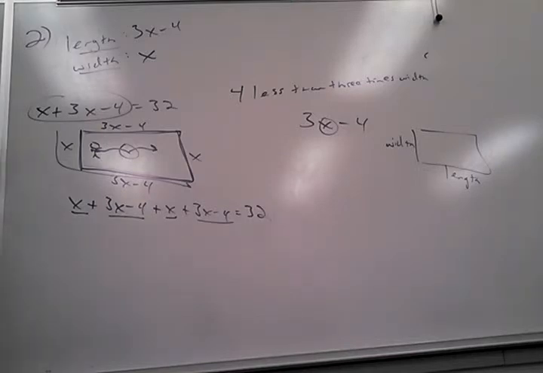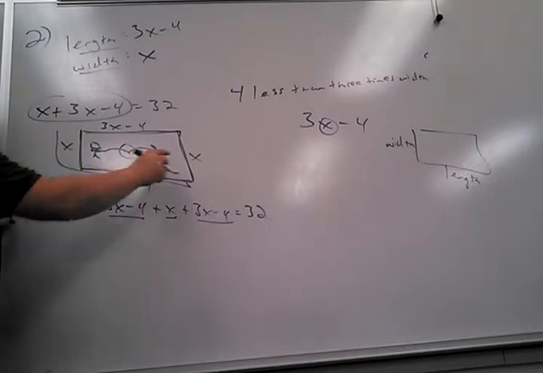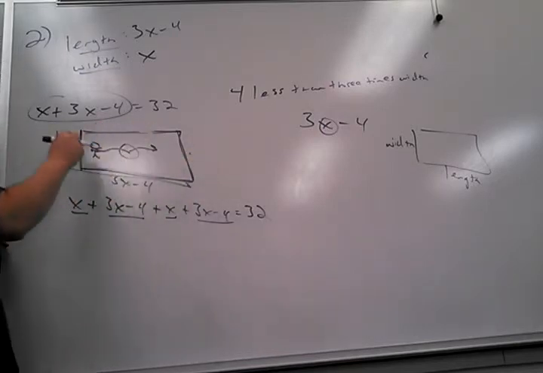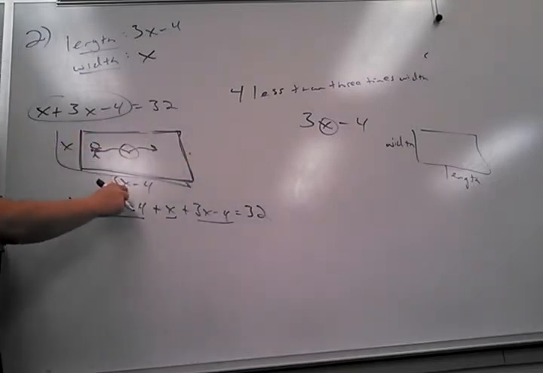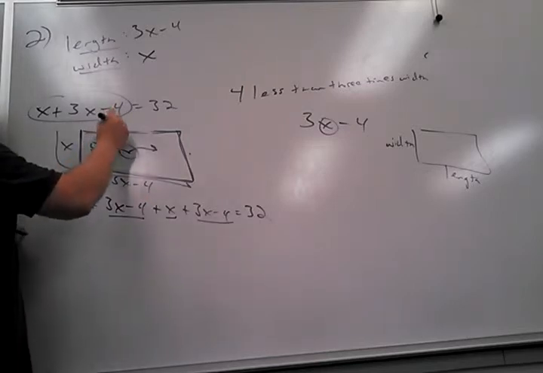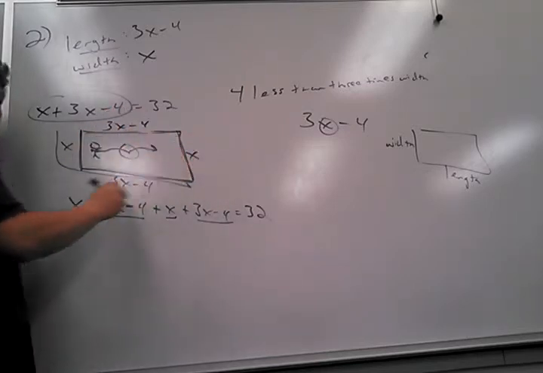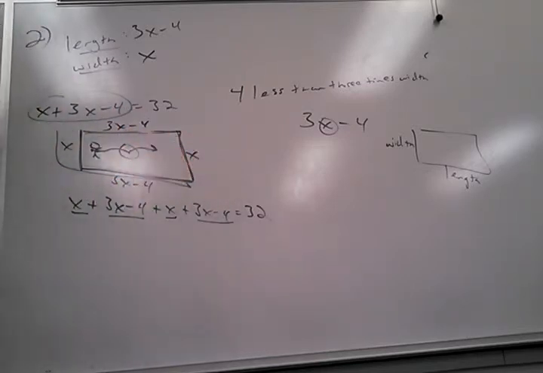So when I say I'm going to walk the perimeter, I better walk around the whole thing, or else the bad news is just going to come in the back. And he never walks back here. So to get the width, you have to go 3x at the bottom and 3x at the top. Once you get the width and the length from what they say, you just put it over there also, and you put that one over there also. You know they're the same across from it, right? We know that's how a rectangle goes.